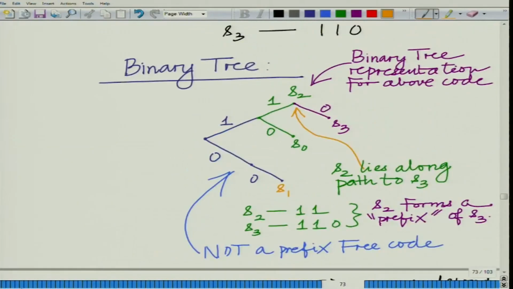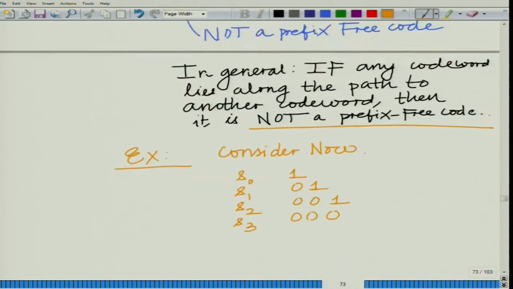For instance, in the previous code you can see S2 is the ancestor of S3, which is basically the same thing as saying S2 is a prefix of S3. S2 is an ancestor node of S3.